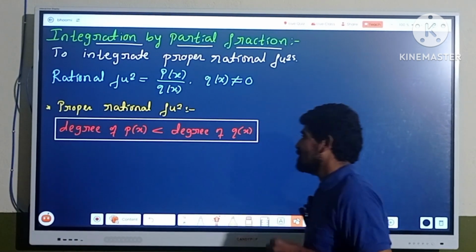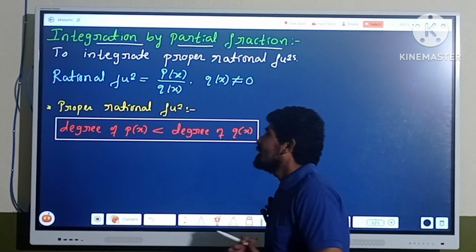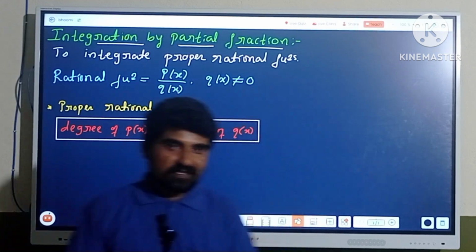Such types of rational functions are known as proper rational functions.